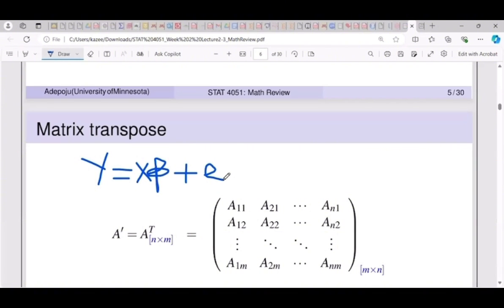You normally say this in a typical linear regression model. That is a matrix specification of linear regression.